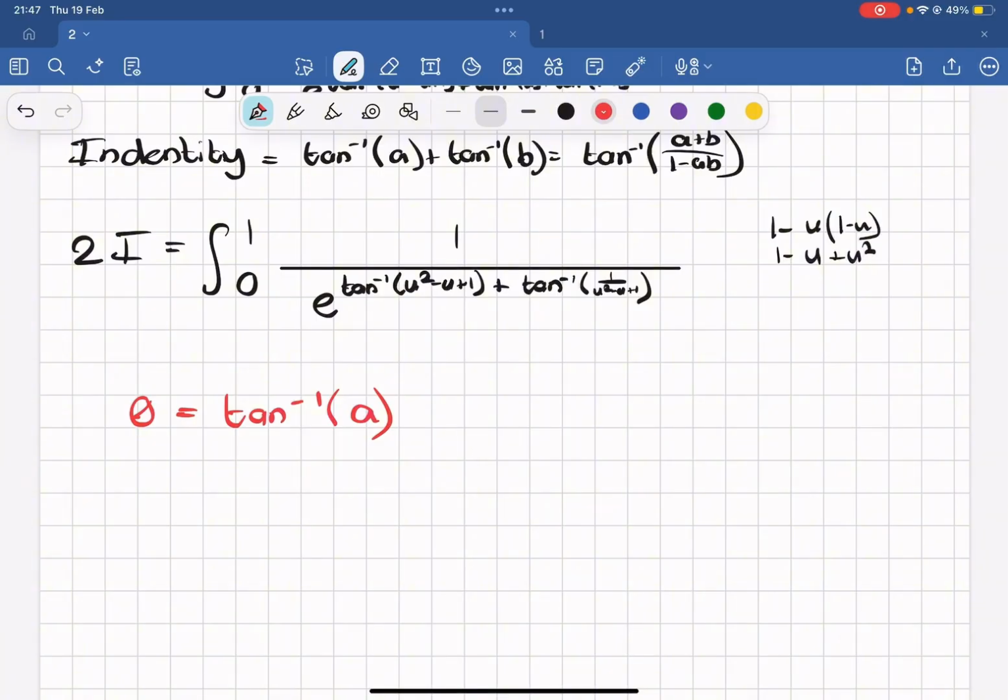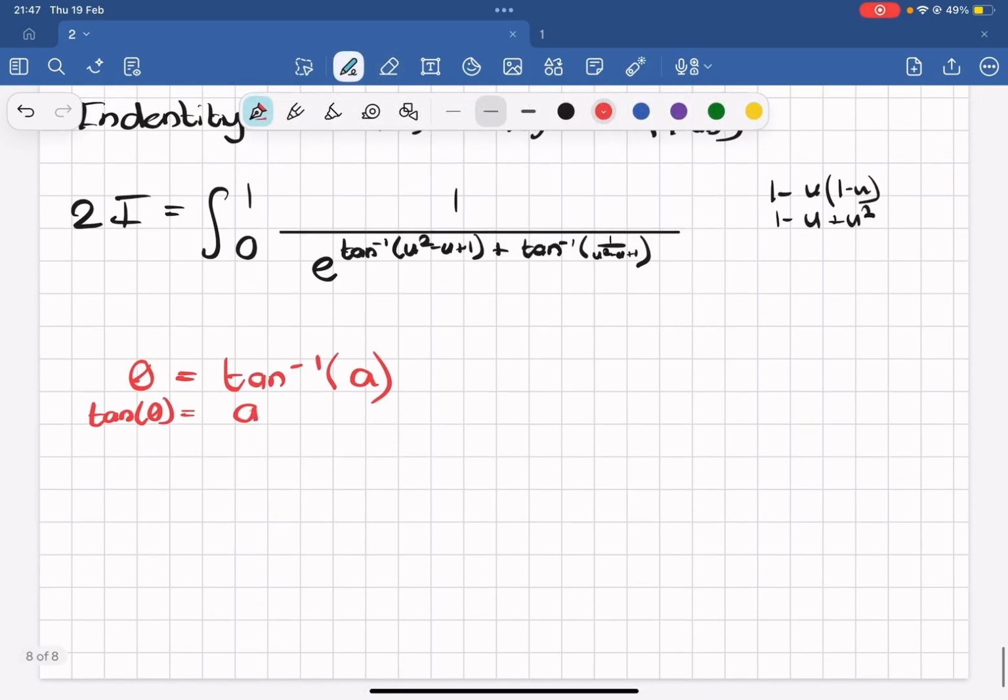Now tan theta equals A, and we know tan theta to be sine theta over cos theta.